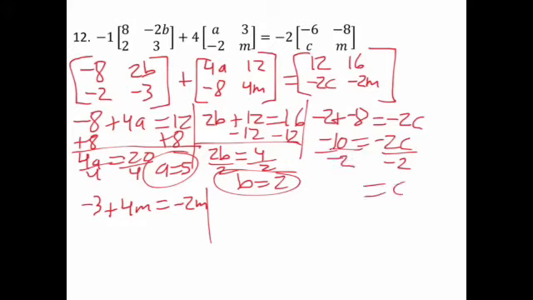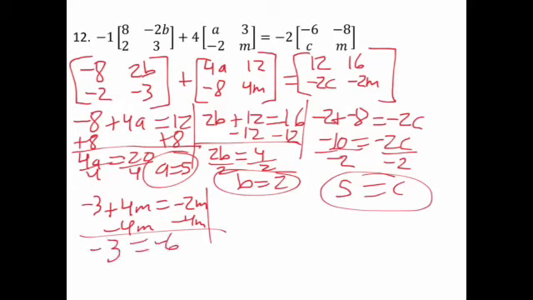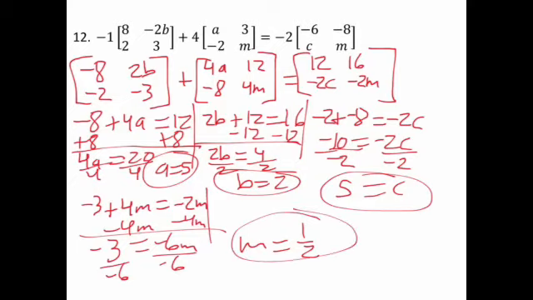And you'll get c equals 5, positive. And on my last one, I'm going to subtract 4m from both sides to get negative 3 equals negative 6m. And divide both sides by that negative 6. And you'll get m equals positive 1/2. And that's the whole assignment.